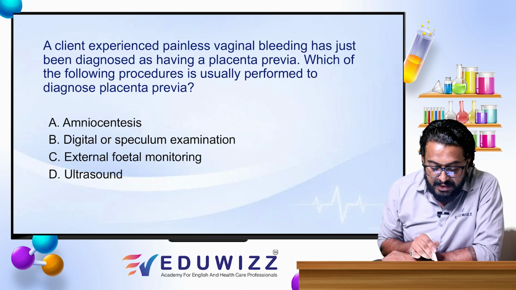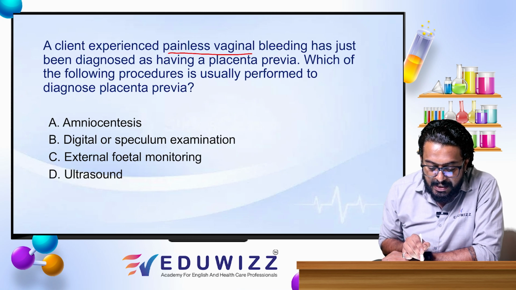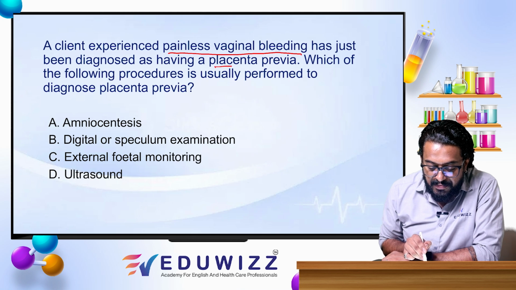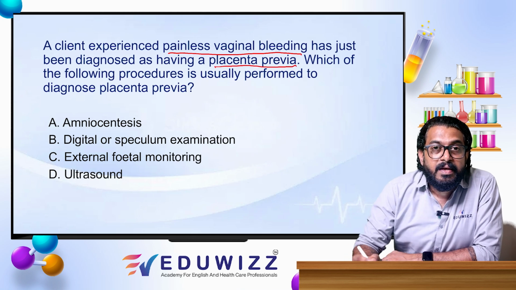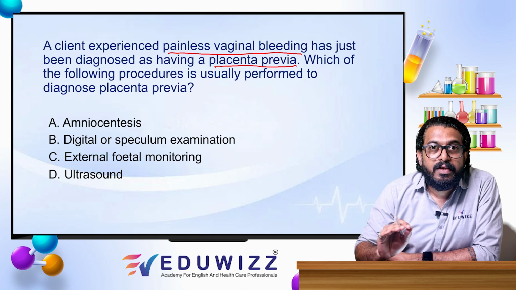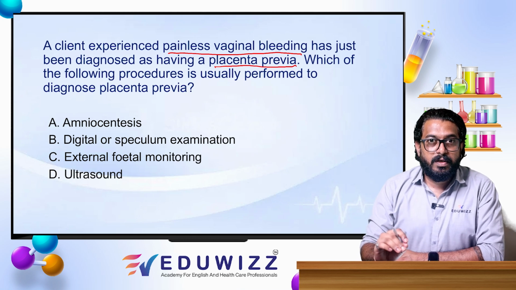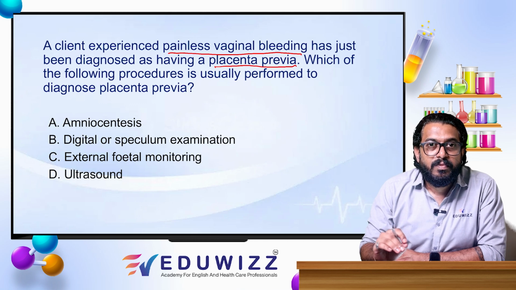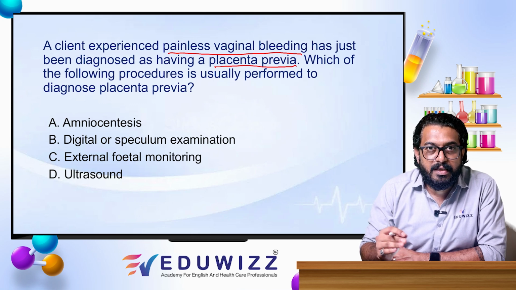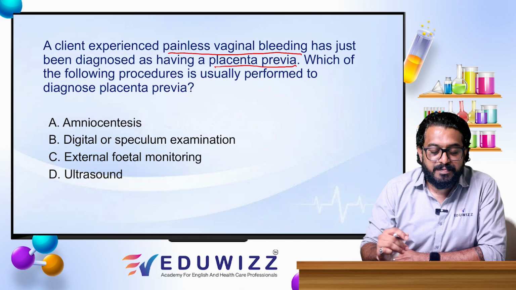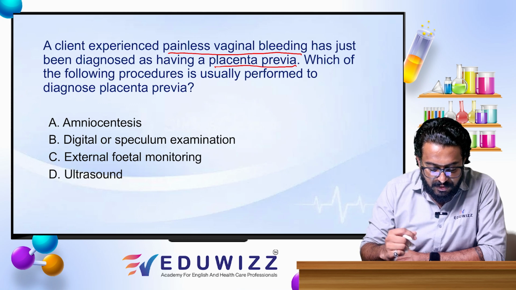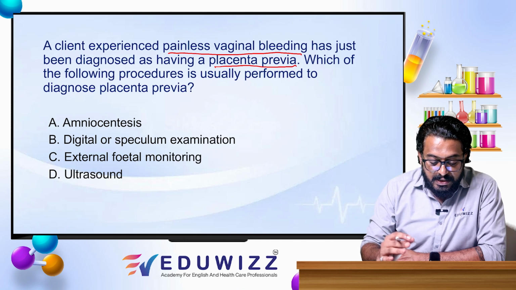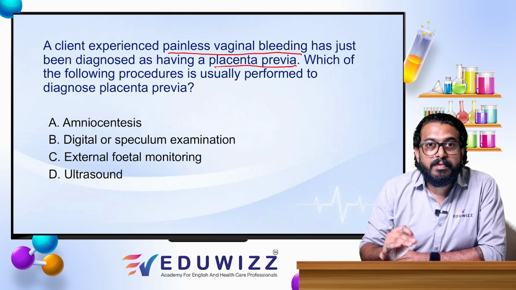So here the patient is experiencing painless vaginal bleeding, and it has been diagnosed as placenta previa. Placenta previa means the placenta is implanted in the lower uterine segment. A characteristic feature of placenta previa is painless vaginal bleeding, which will be bright red in color. Which of the following procedures is usually performed to diagnose placenta previa?